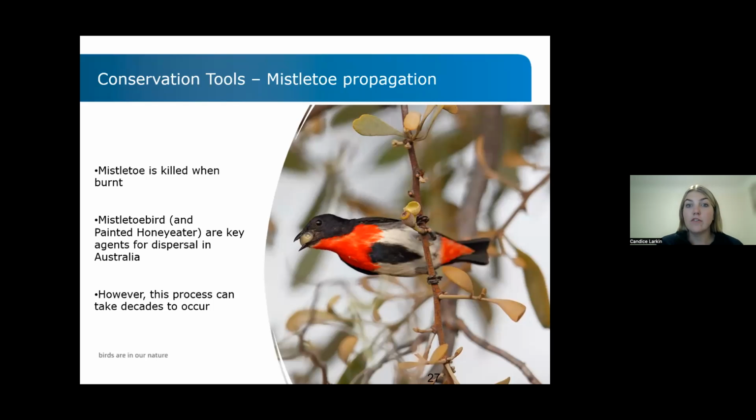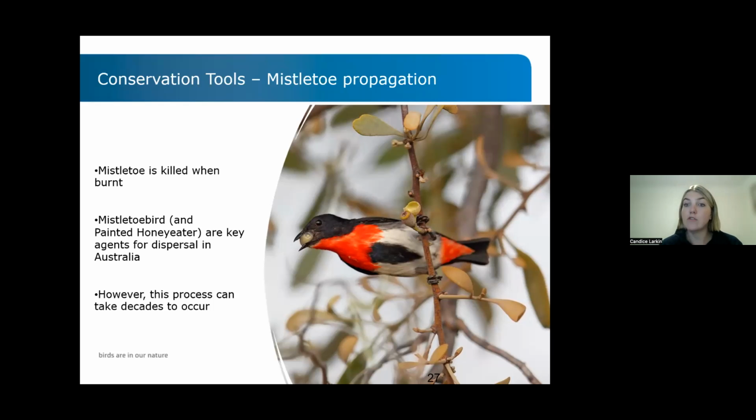Another one of our conservation tools that we're really excited about and really proud of is our mistletoe propagation work that's mostly been occurring in the Hunter at the moment. Mistletoe gets killed when it's burnt. It doesn't regenerate. So what we had after the 2019 fires was large areas of forest where all of the mistletoe had been severely burnt or completely removed from the forest.